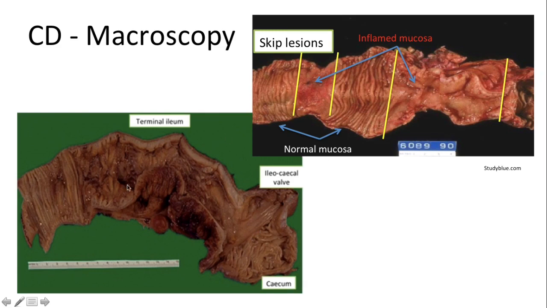And down here is a segment illustrating the cecum, ileocecal valve, and the terminal ileum, which is a preferred site for Crohn's disease. Again, you can see areas of inflammation and then normal mucosa proximal and distal to it.